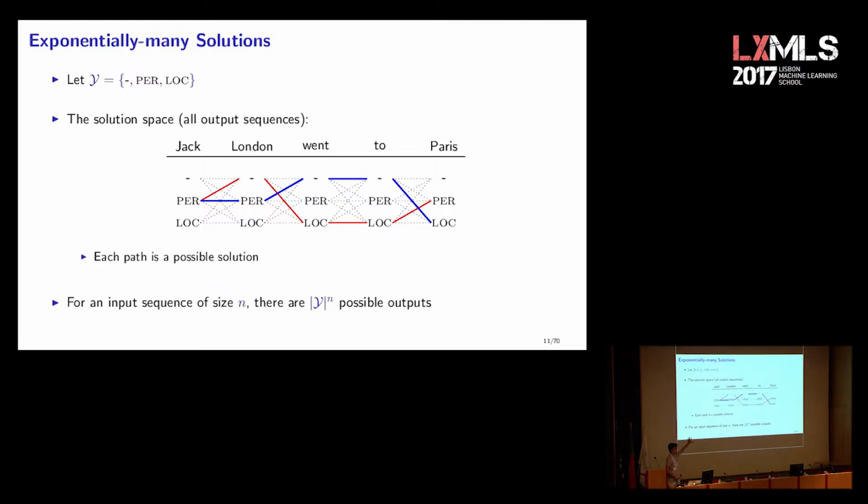We have to do something that can explore the output space efficiently. To many of you, this will suggest shortest path algorithms, and that intuition is correct, so we're going to cast this as some sort of shortest path problem. But it's very important to note that structure prediction applies when we have this exponential dependency. Depending on what the output structures are, that will change, but what doesn't change is that it's exponential.